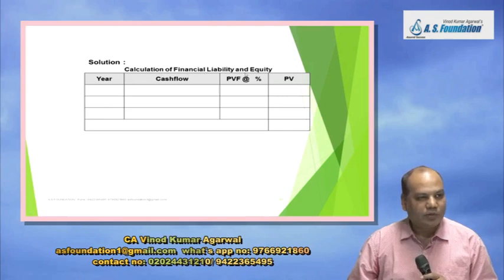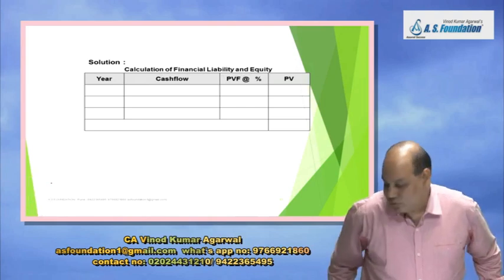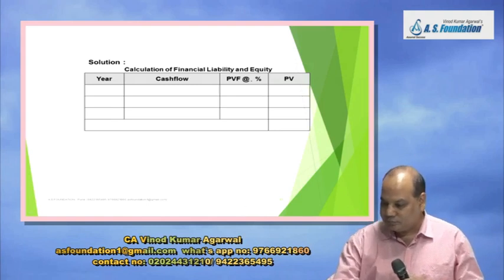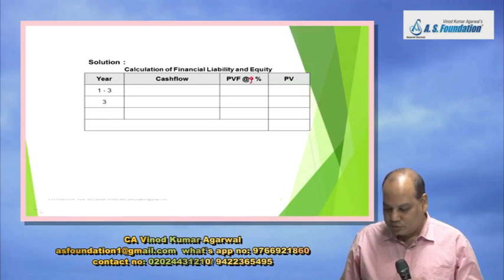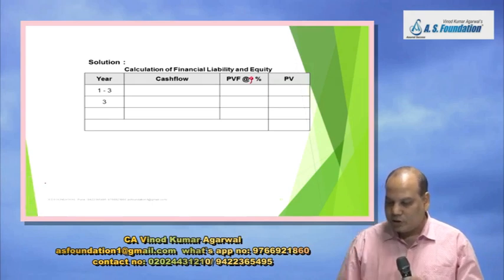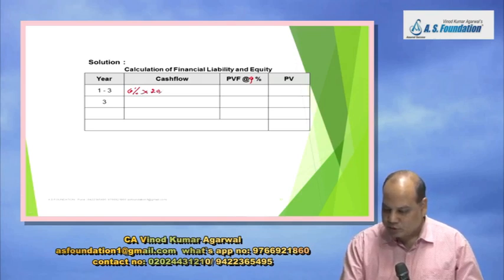Calculation of financial liability and equity. It is written: year, cash flow, discounting factor. Which factor will you take, 6 or 9? Take 9%. Okay. Then year 1 to 3, what will you write? 6% of 2 million means 1,20,000.